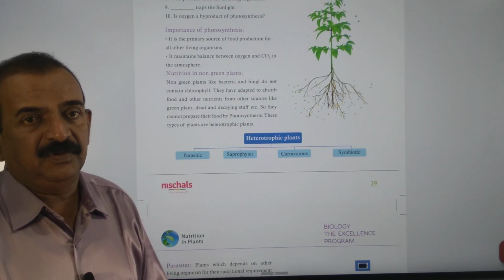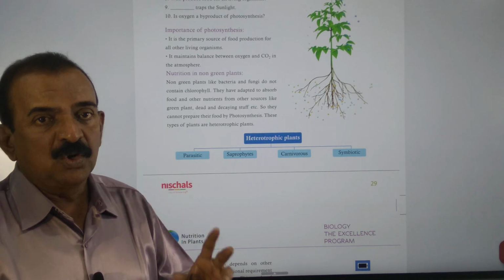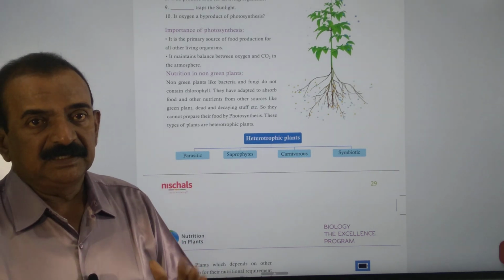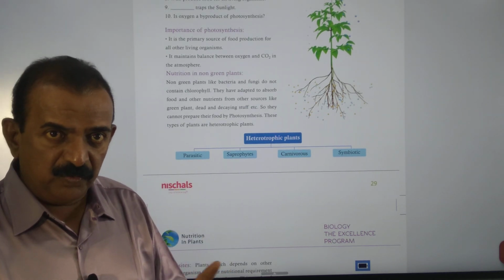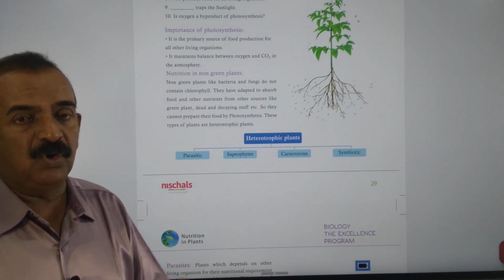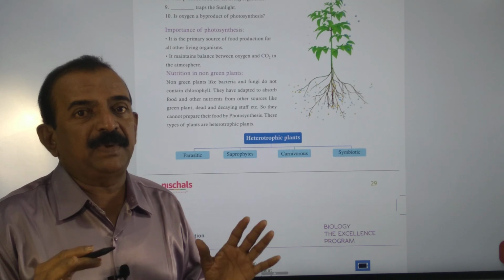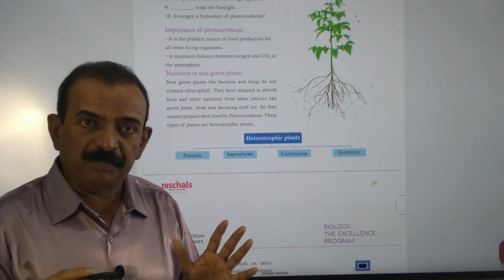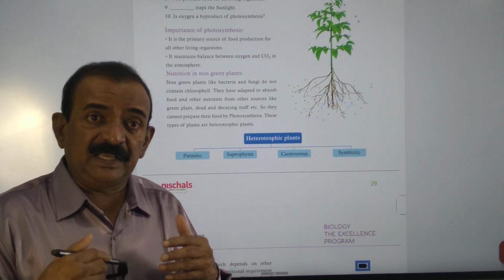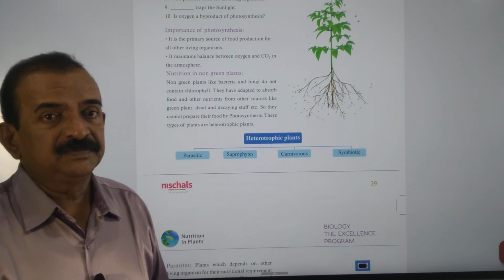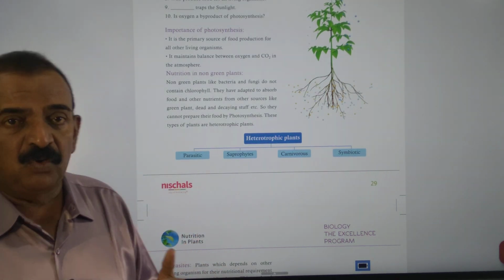Now here we are discussing nutrition in plants, that is chapter 2. We already discussed the flow chart of nutrition in plants. Plants perform photosynthesis and prepare their own food.